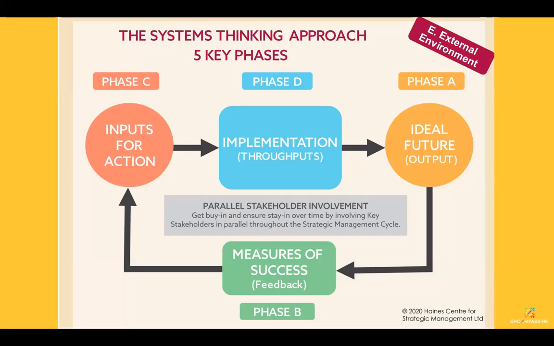What does success look like? Then phase C, we evaluate where we are now, the current state. Phase D is how we go from the current state to the future state. And phase E, which is not highlighted here, is what will or may change the environment in the future. So you can see it's a very intentional, comprehensive process.